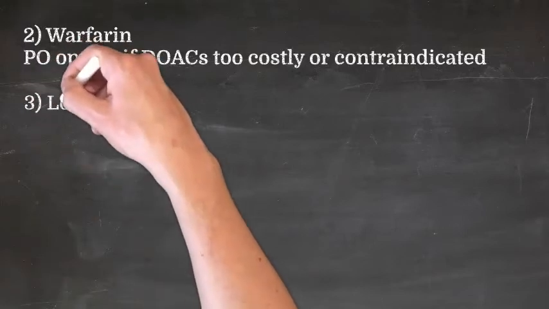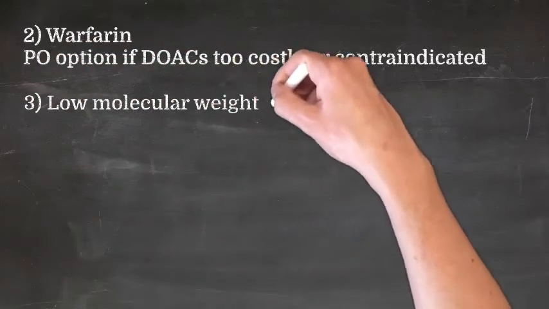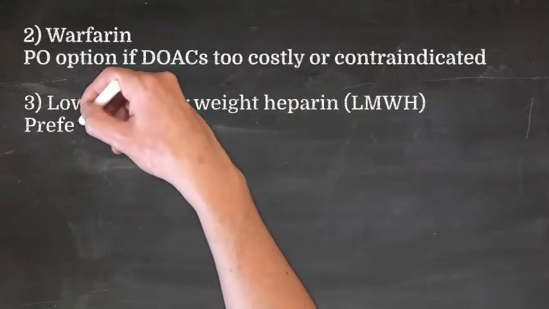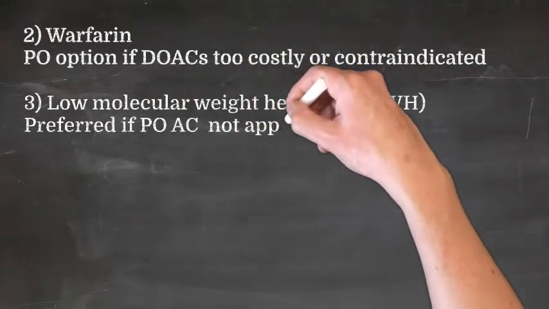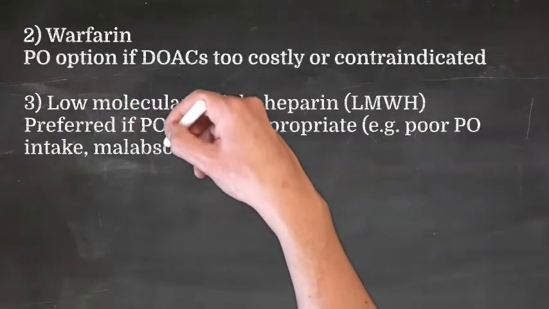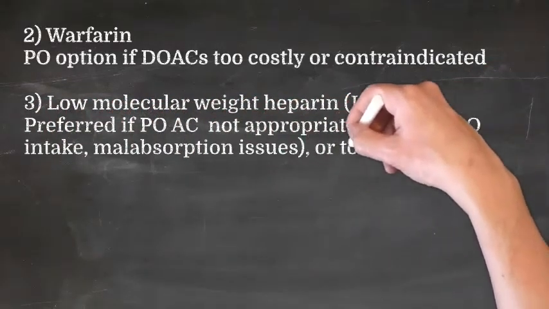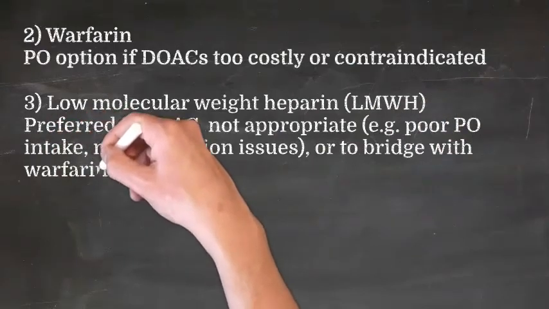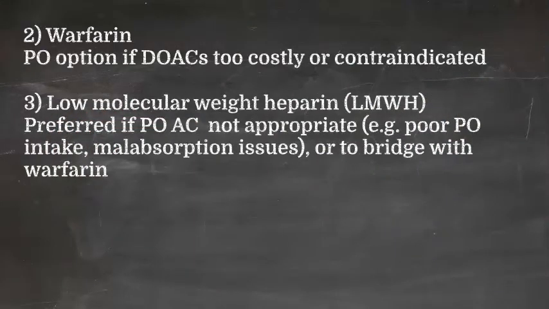For patients who just are not appropriate for oral anticoagulation therapy, these could be people who have poor PO intake, or who are not able to take anything orally, or have malabsorption issues. Then low molecular weight heparin or enoxaparin is an option.